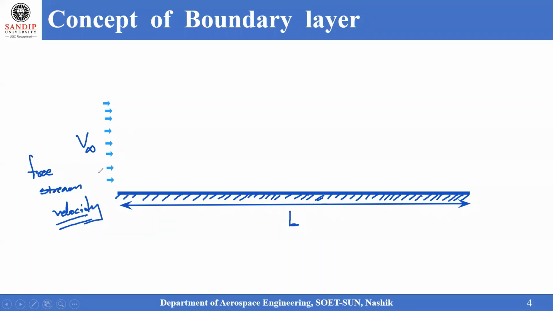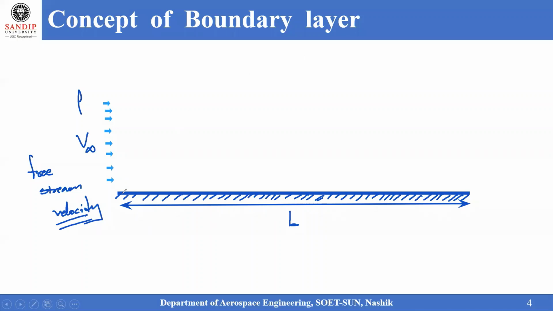When the fluid is moving with the velocity V infinity, with density rho at standard atmospheric condition, over the flat plate, what do we notice?